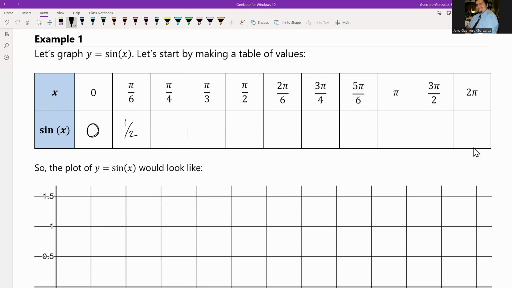When it is pi over 4, the square root of 2 over 2. For pi over 3, that is the square root of 3 over 2. When your angle is pi over 2, that is 1. 2 pi over 6, actually, this is supposed to be pi over 3. My apologies.